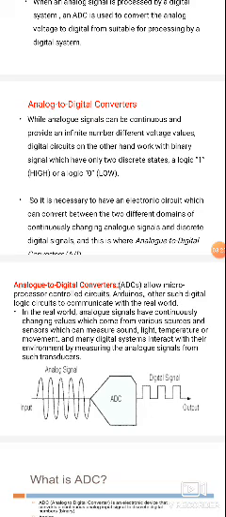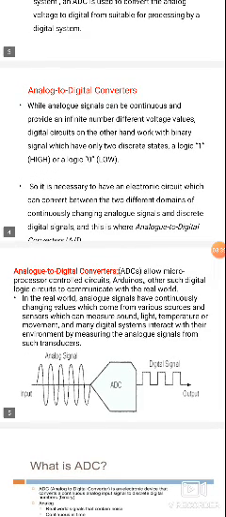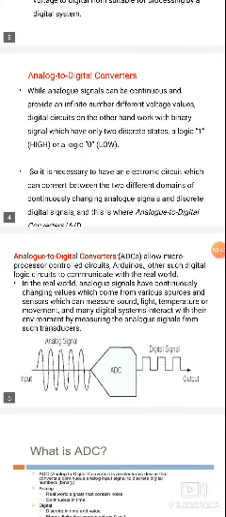The finite number of values means it contains only binary ones and binary zeros. That's why digital signals are also called discrete signals. Analog signals change amplitude continuously with respect to time and occupy an infinite number of levels. The infinite number of levels causes more noise in the output.